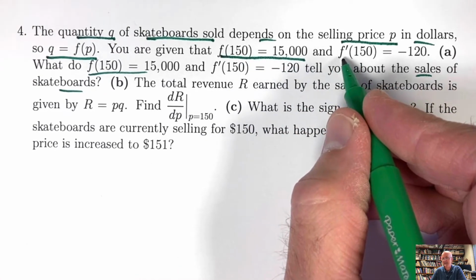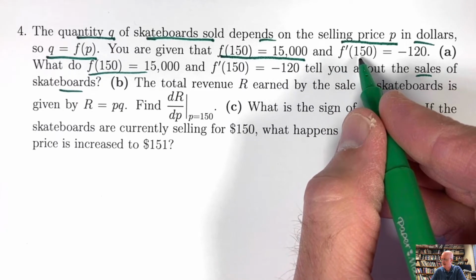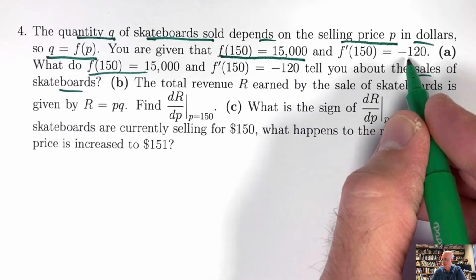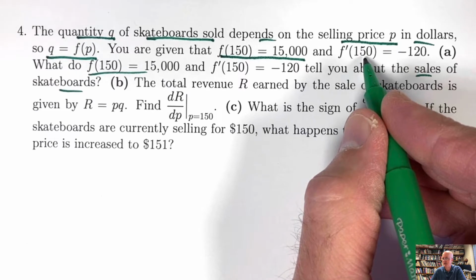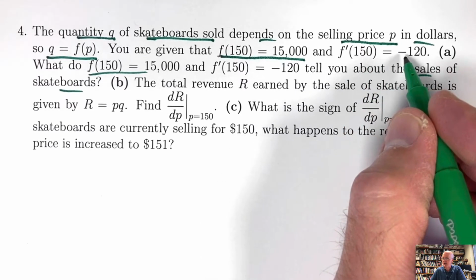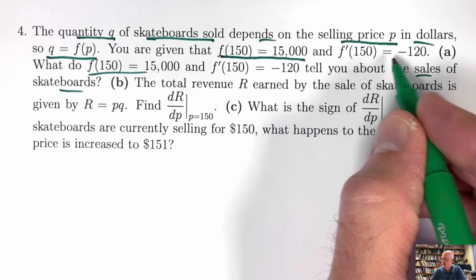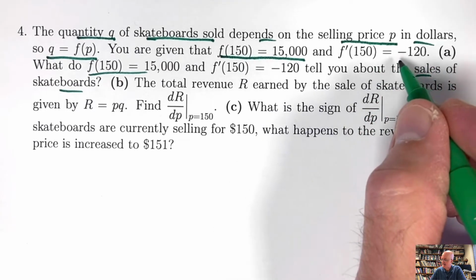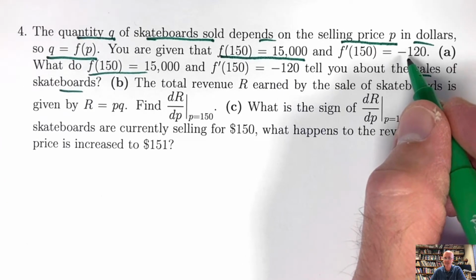And the derivative at 150 is negative 120. When the price of each skateboard is $150, the rate of change, the derivative is the rate of change of skateboard sales, the dQ/dP with respect to price, is negative 120.